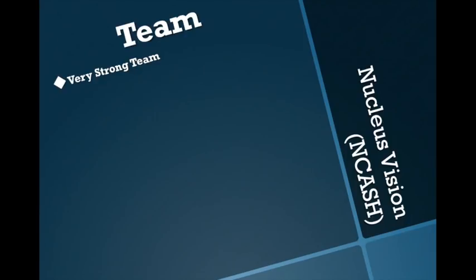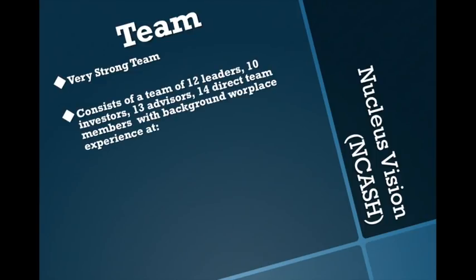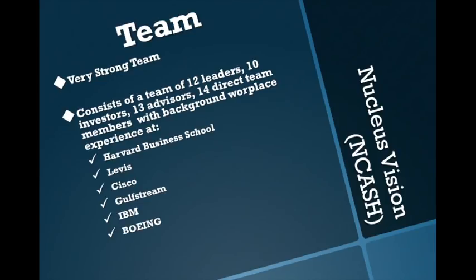So this is a very, very strong team. These are a bunch of home run team members and advisors. Knock it out of the park. It consists of a team of 12 leaders, 10 investors, 13 advisors, 14 direct team members with backgrounds in workplace experience at Harvard Business School, Levi's, Cisco, Gulfstream, IBM, Boeing, and HSBC.